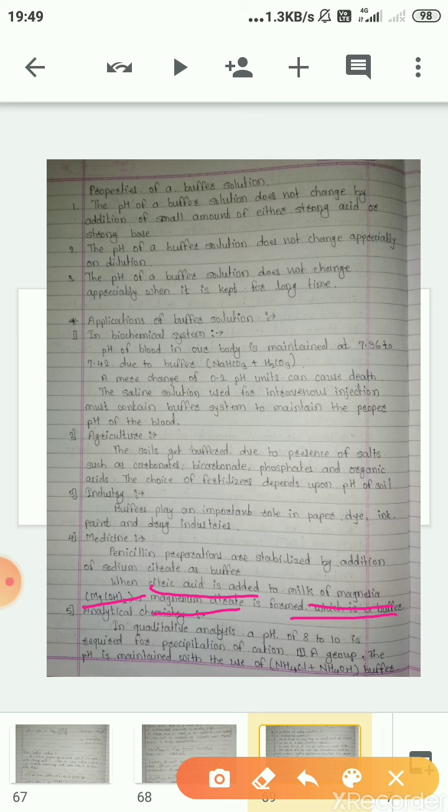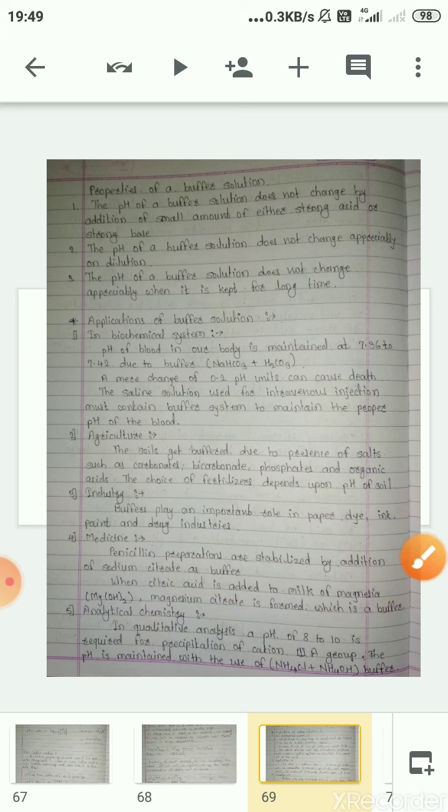Next is analytical chemistry. The next use of the buffer solution is in analytical chemistry. Generally we detect acidic or basic radicals in inorganic chemistry, and we use different solutions for different group detection.